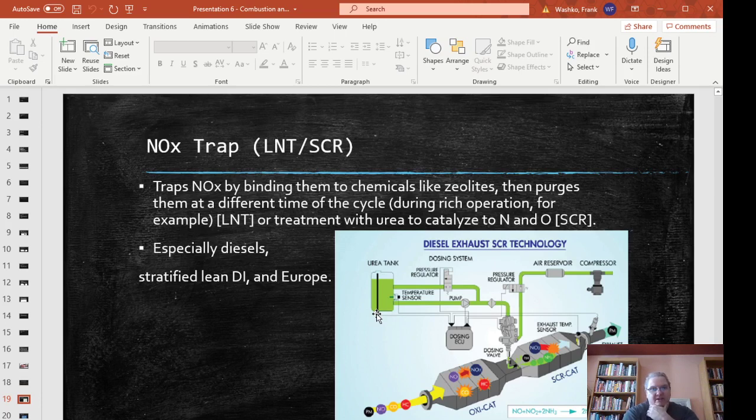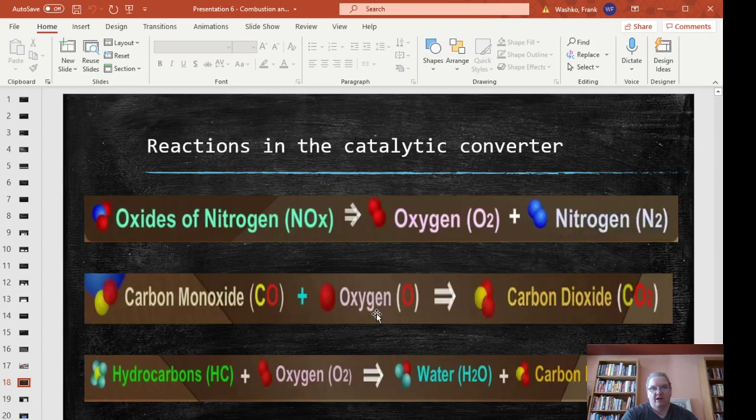The answer is, if you run it past the catalytic converter and then you spray urea into the exhaust products, sprayed in with air, the introduction of the urea will complete that reaction that we talked about, turning NOx into O2 and N2.